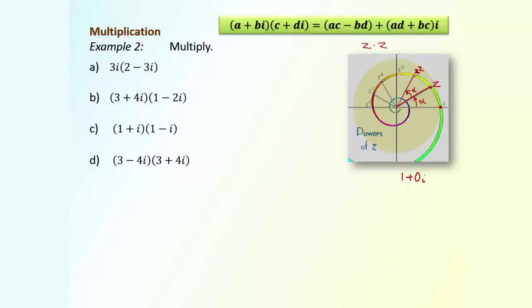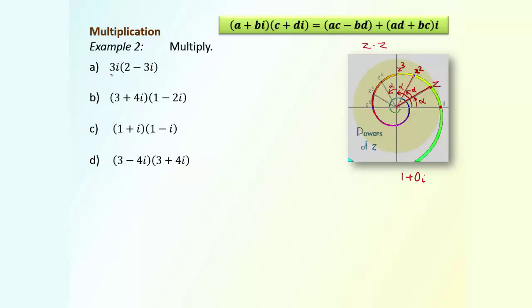When you multiply z square by another z, again, the distance from 0 will decrease, will be a little bit shorter, and the location of z cube will be by rotating from the x-axis 3 alpha, because this is another alpha. So that was z cube. If you multiply by another z, it will be one more alpha farther. So this is quite an interesting property of multiplication when you look at the geometry of it.